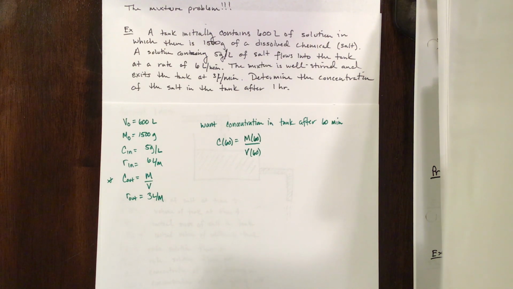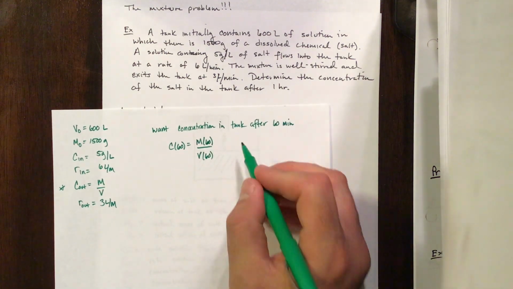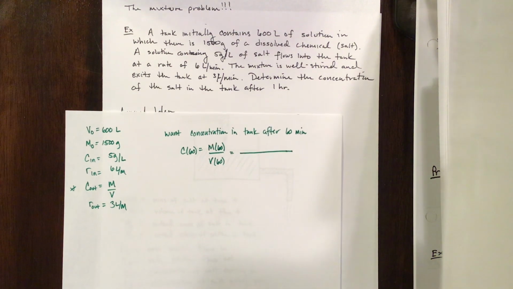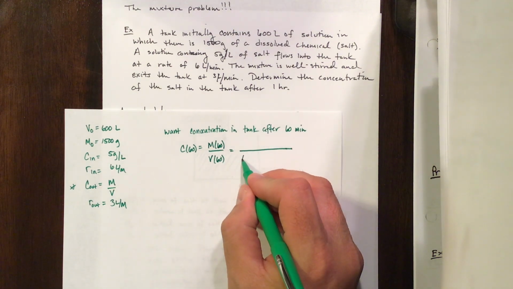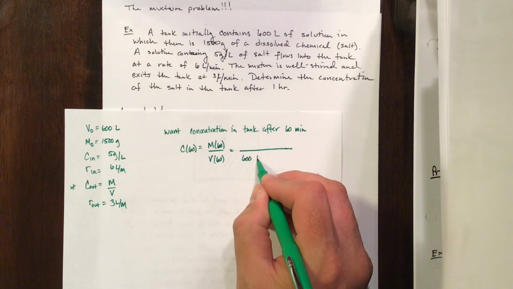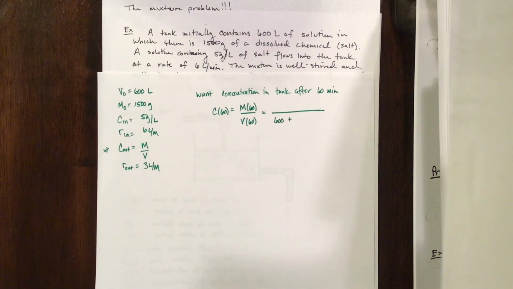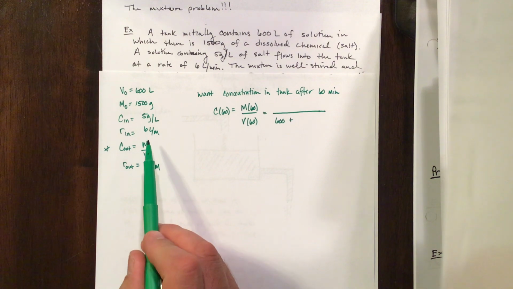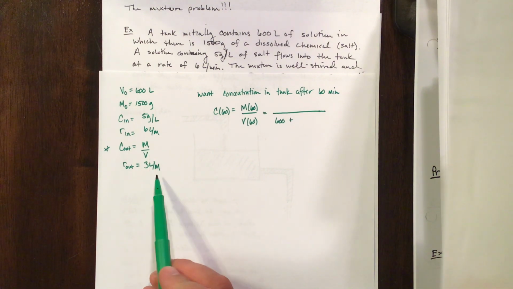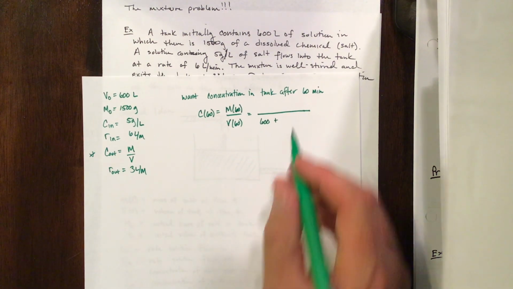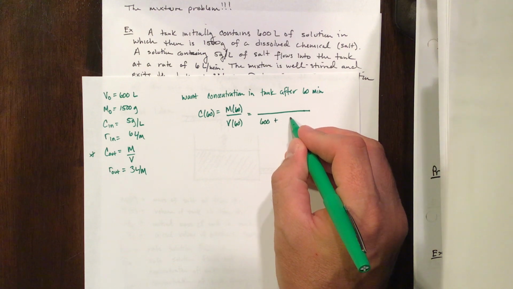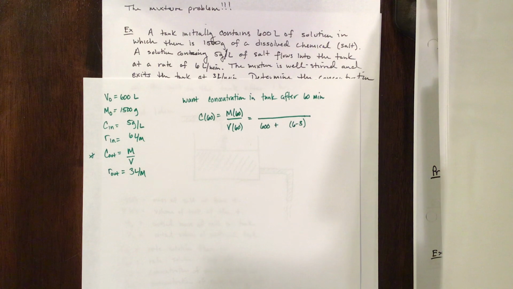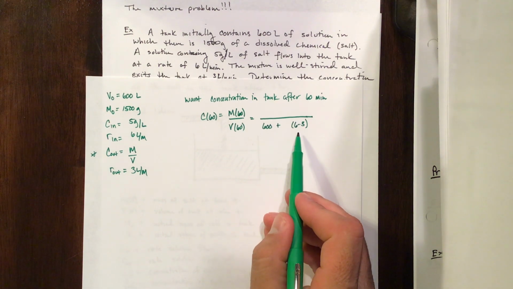V of 60 I can actually come up with already, because I know there's 600 liters in the tank initially. The rate at which fluid goes in is 6 liters per minute, and the rate at which it goes out is 3 liters per minute. So each minute I'm increasing the amount of solution in the tank by 3 liters.